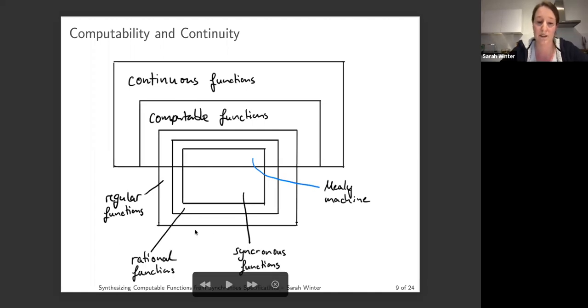And inside of rational functions are synchronous functions. These are the functions computable by synchronous transducers, and this is the kind of automaton you have seen on my second slide. And if we consider synchronous functions that are also computable, then this is the class of functions that is computable by Mealy machines.